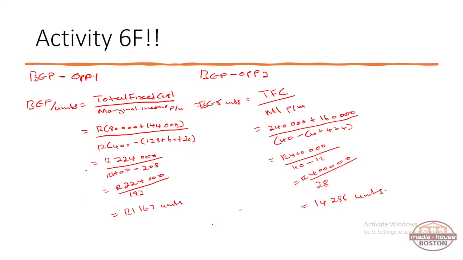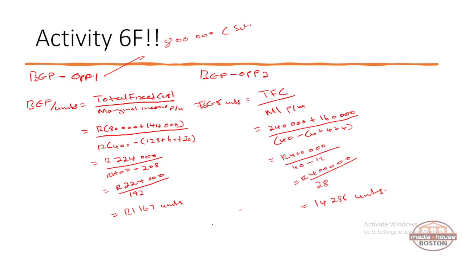So to be able to identify whether this break-even point is acceptable or not, one of the most important things is you need to identify as well the total number of units to be sold. So for opportunity one, we are going to say 800, which is our total revenue.